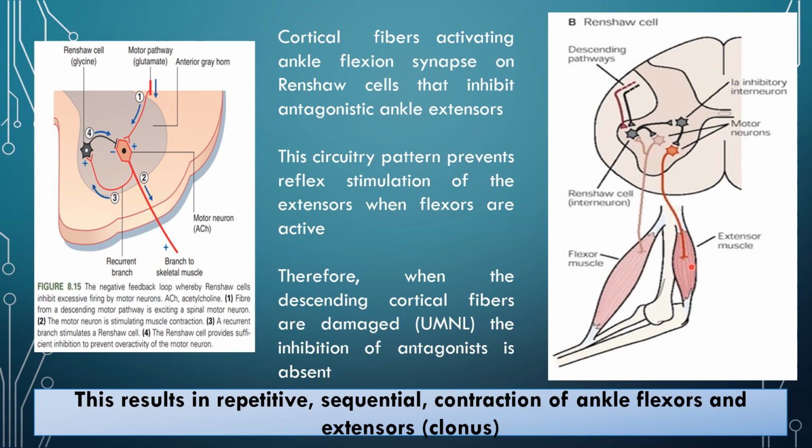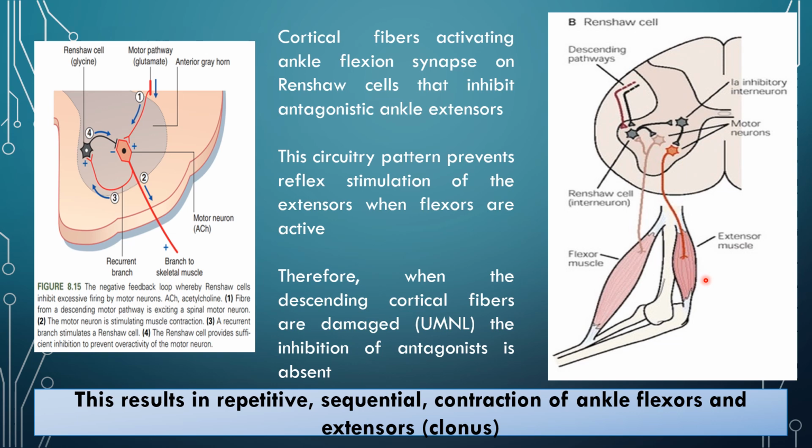Now what happens if the cortical fibers are disrupted? When these cortical fibers are damaged, these 1A inhibitory interneurons are not activated. So the inhibition on the antagonistic muscles will persist.